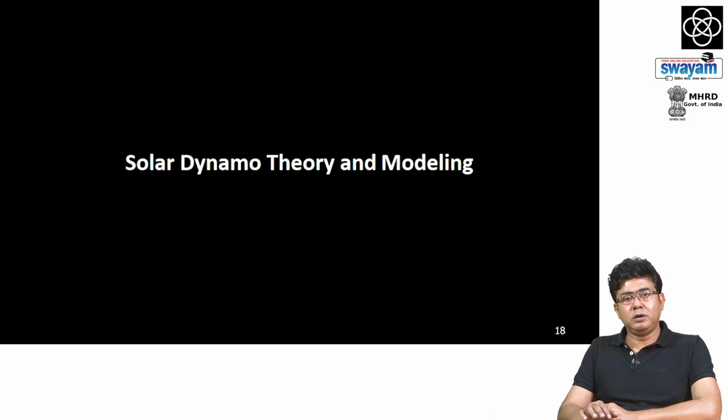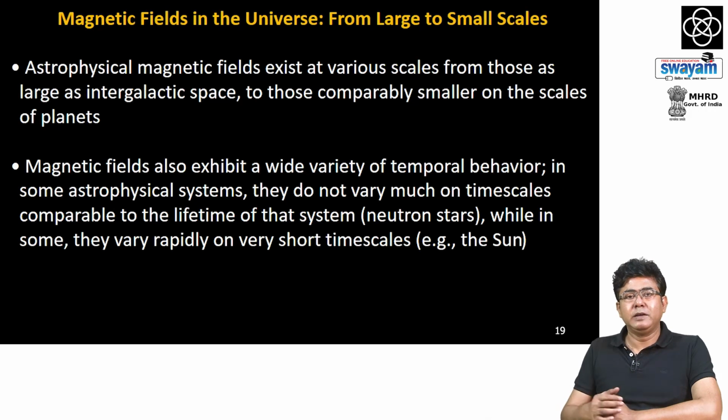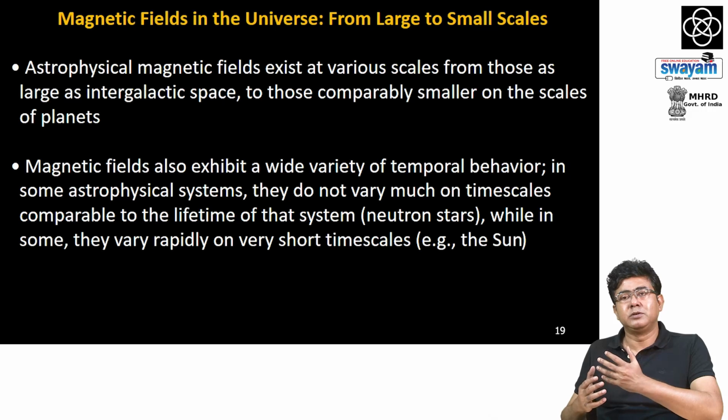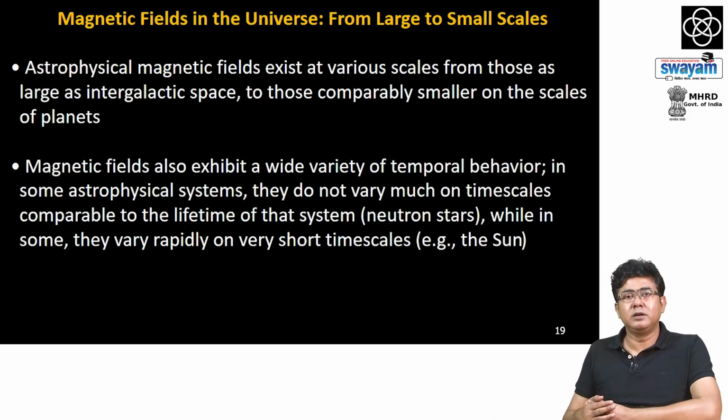So, before we focus on magnetic field generation in the sun, let us talk of magnetic fields in the universe a little bit, because it provides context for us to understand where magnetic fields on the cosmic scale come from.